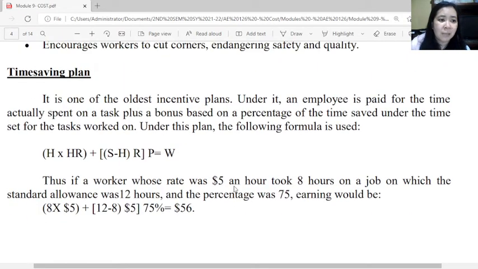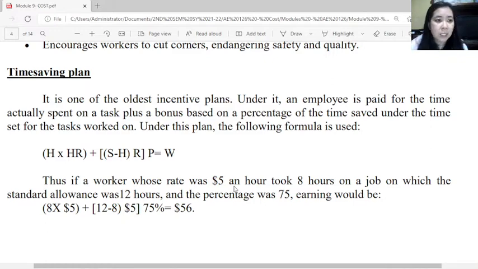What about the time saving plan? It is one of the oldest incentive plans actually. Under this, the employee is paid for the time actually spent on a task, and there is a bonus based on the percentage of time saved under the time set for the task that was worked on.